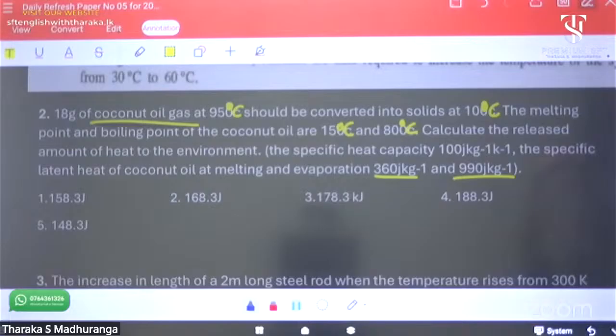The gas at 95 Celsius should be converted into solid at 10 Celsius. Initially, it is a gas, okay? The melting point and the boiling point of the coconut oil are 15 Celsius and 80 Celsius. Calculate the amount of heat released to the environment.